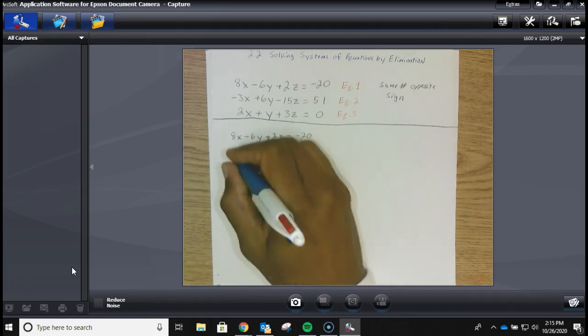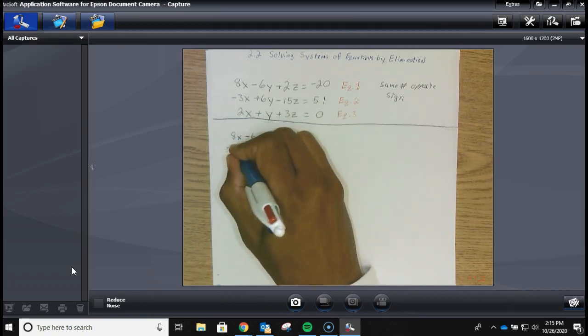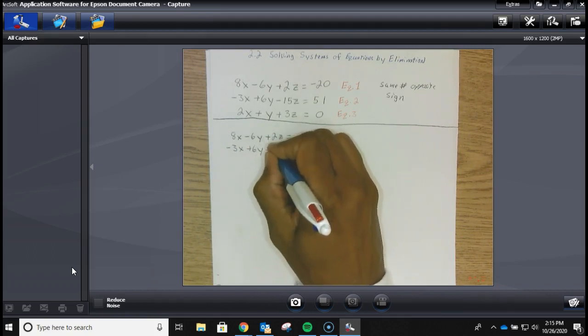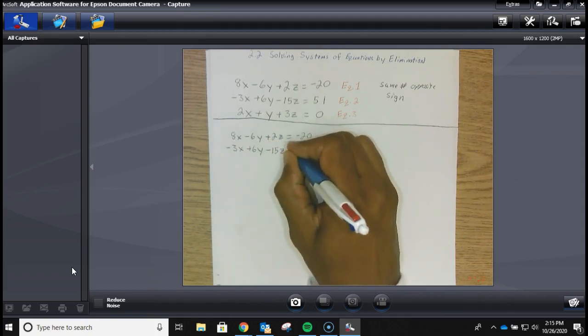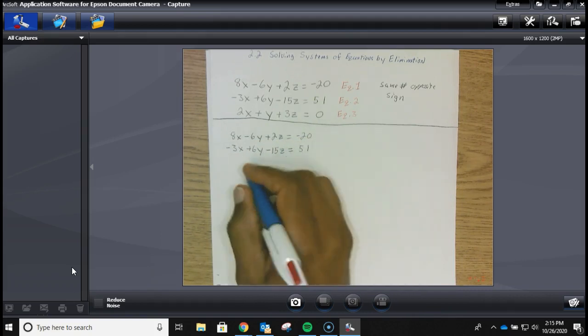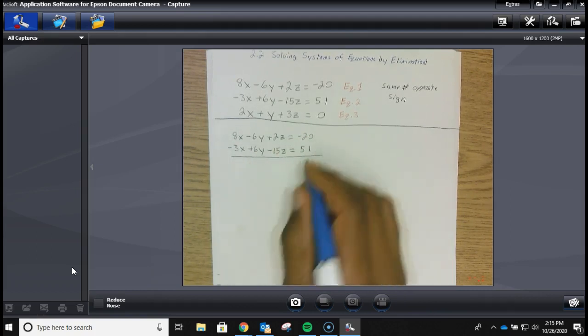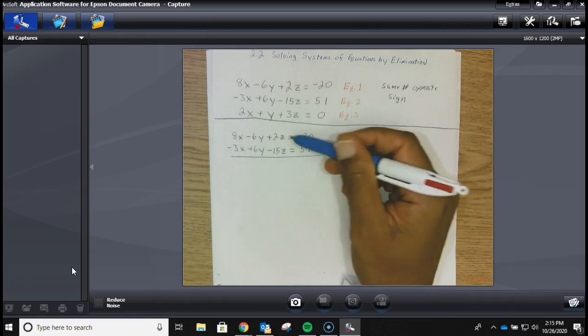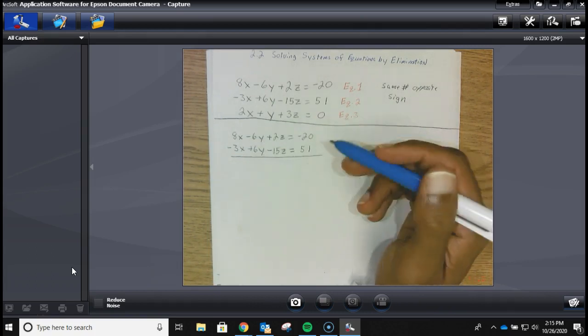That's my equation 1, and I'm going to write down equation 2. So to eliminate, once you get them to be the same number, opposite sign, all you do is add straight up and down. So you add X's with X's, Y's with Y's, Z's with Z's, numbers with numbers. In this case, I didn't have to do any manipulation yet because it's already the same number, opposite sign.